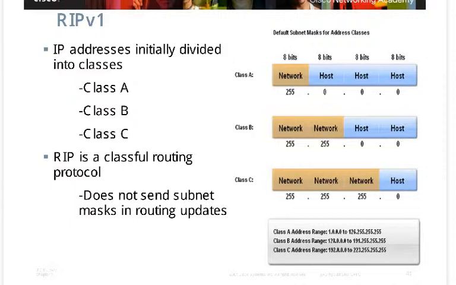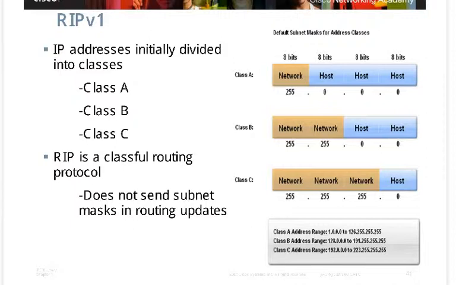IP addresses for RIP version 1 are initially divided into classes. Because RIP version 1 is a classful routing protocol, it does not send the subnet mask as part of the route update. So the default is that the IP address will have an implicit subnet mask based on its class. And we know how the classes are categorized.